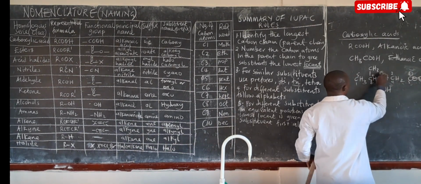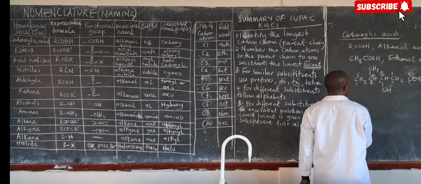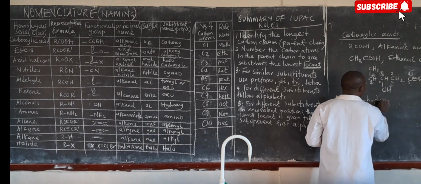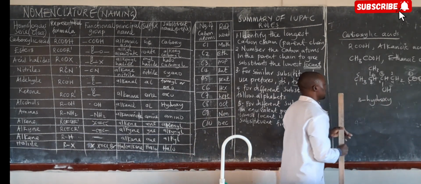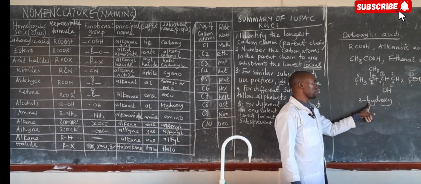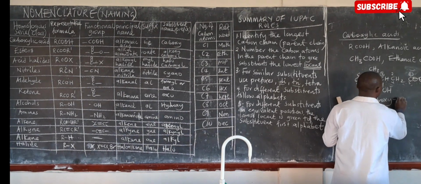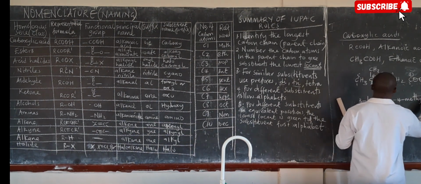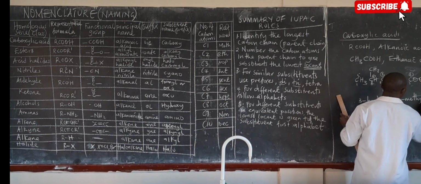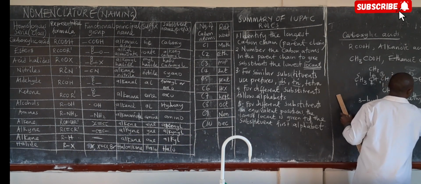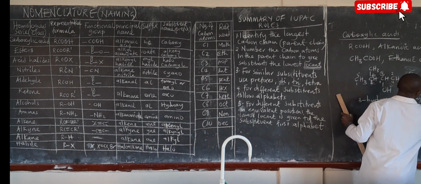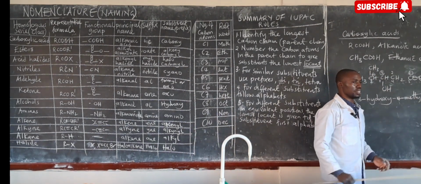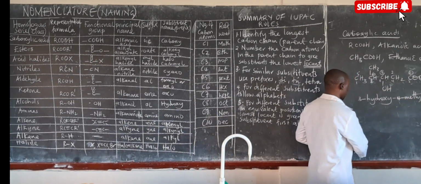So OH would be at position 3 and methyl at position 4. So this will be 3-hydroxy. The hydroxy group comes first in the alphabet before methyl, so then 4-methyl. Then this is pentanoic acid, being that there are 5. We don't add a locant because this group is always located at the end.